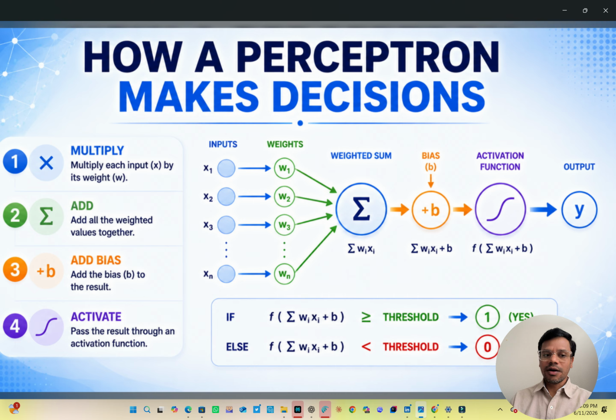For example, approved or rejected, like a loan application that can get approved or rejected. It's a binary decision. Or whether an email is spam or not, that's a binary decision. In the same way, whether a suspicious transaction is fraud or not fraud. So although modern AI systems are much more sophisticated, they still rely on the same fundamental principles, right?